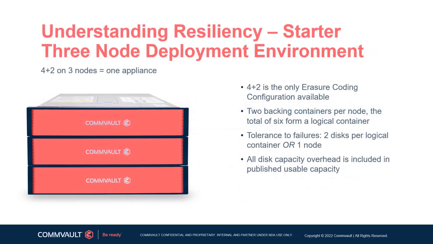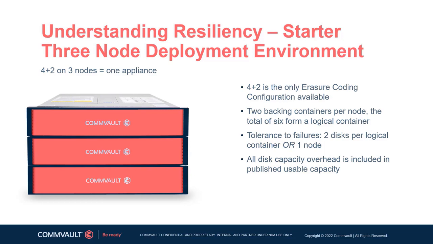All Commvault Hyperscale X deployments start with 3 nodes for both the appliance and validated reference design. With all deployments, Commvault Distributed Storage allows us to offer 4+2 erasure coding designed around an abstract known as containers, with varying degrees of granularity within the abstract.